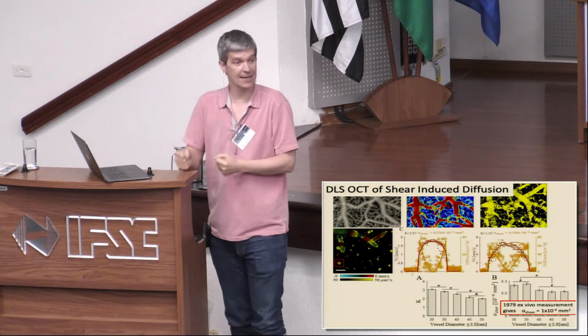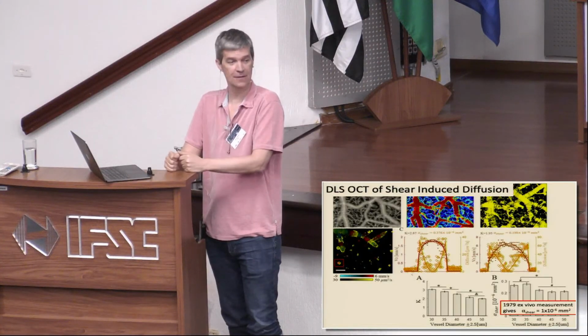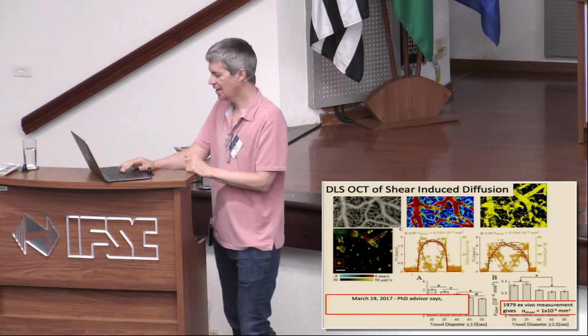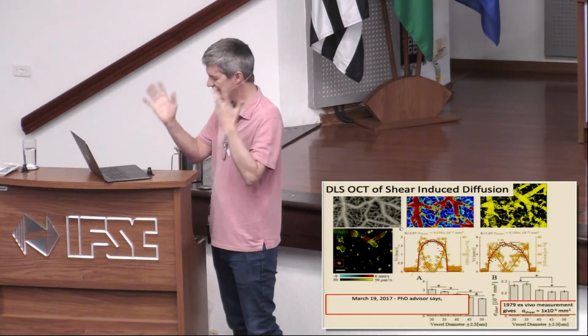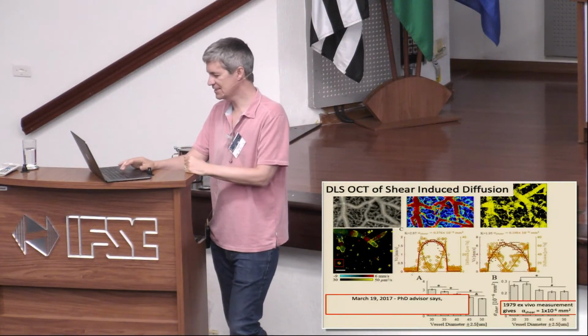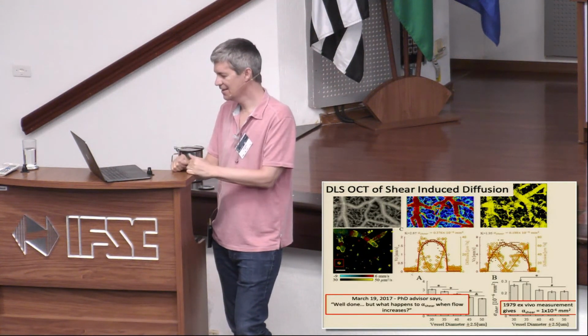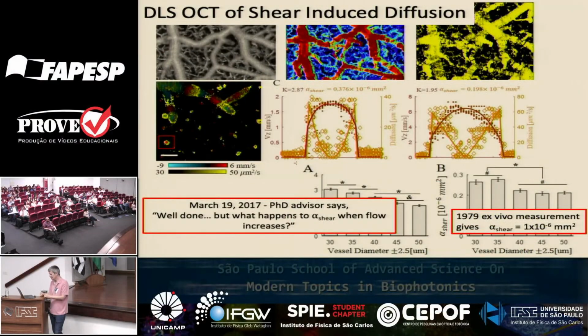So I was all excited. I thought I finally had the experimental proof to make Arjun happy. I saw him March 19th at a dinner in Washington, D.C., and I told him about it, and he said, well done, but what happens to alpha shear when blood flow increases, right?